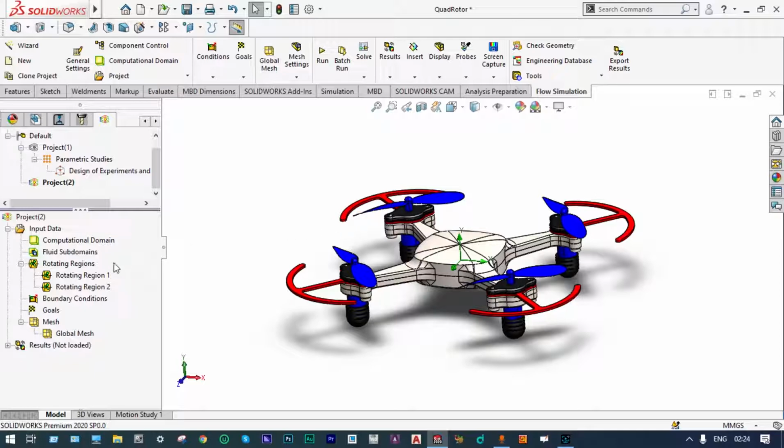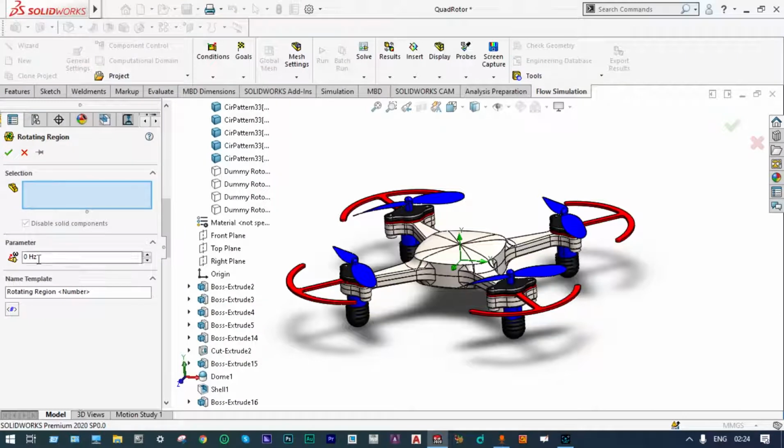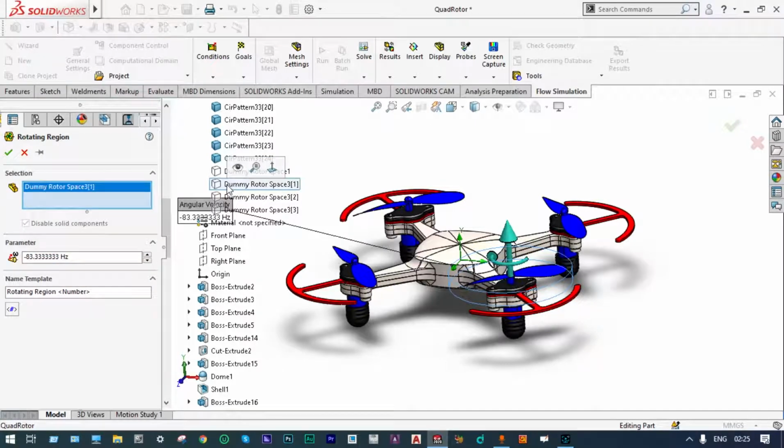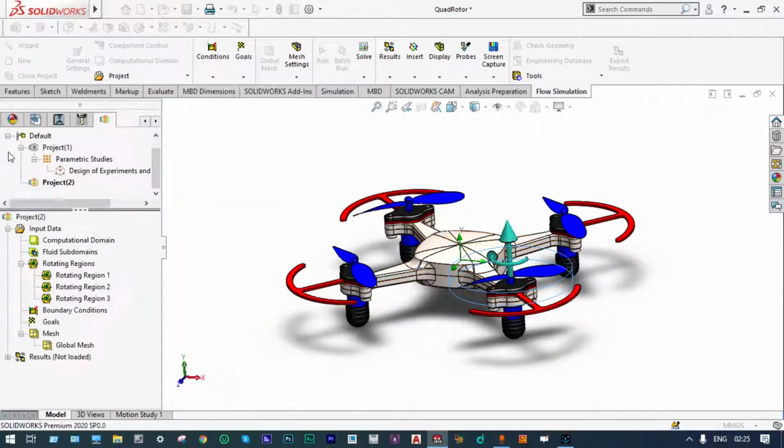Let us select those rotating regions again, insert rotating region, and that will be rotating with -5000 RPM. And this one will be rotor space 3. This one will be rotating with minus, that will be in the clockwise direction. Done.